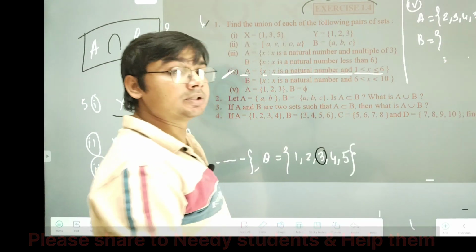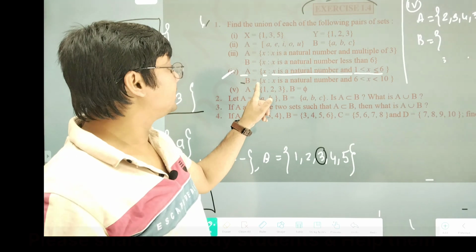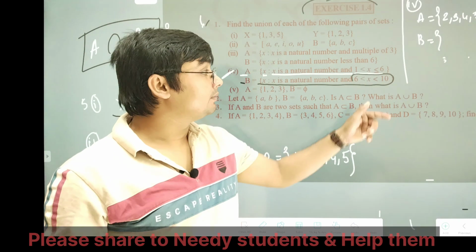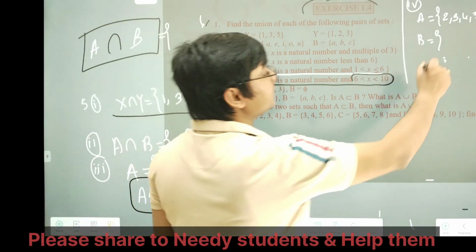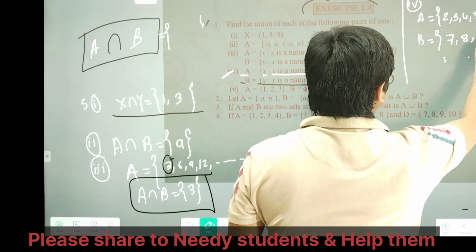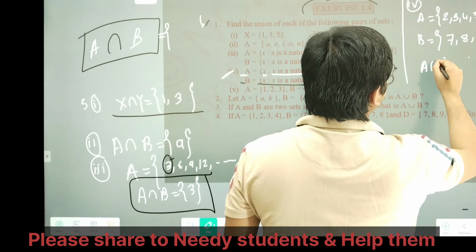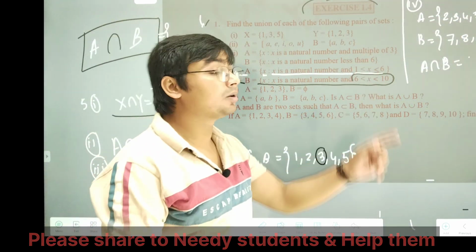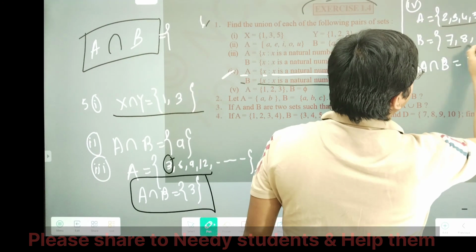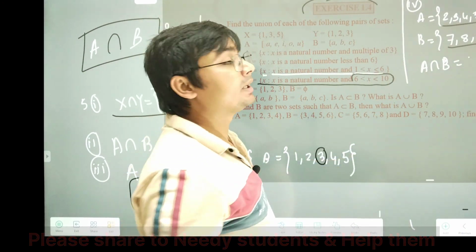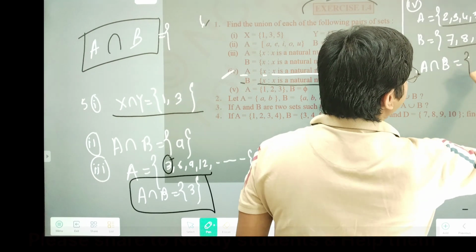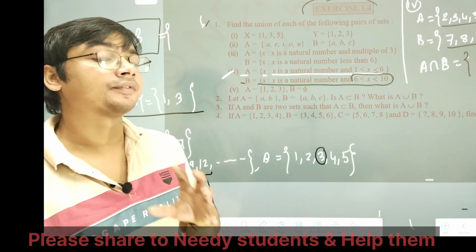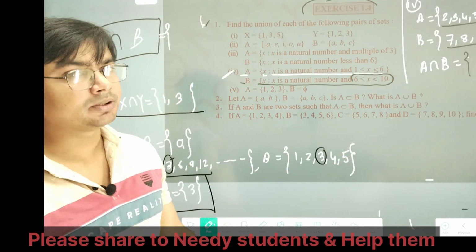In set B, B contains X where X is a natural number in between 6 and 10. That means the elements are 7, 8 and 9. Now what will be A intersection B? Try to find the common elements. I think there is no common element, so this set will be empty. A intersection B is phi, because there is no common element.